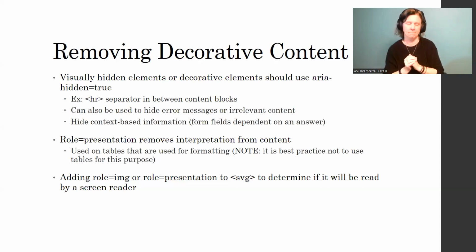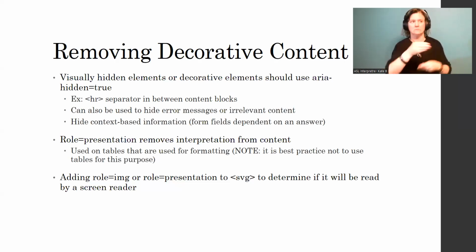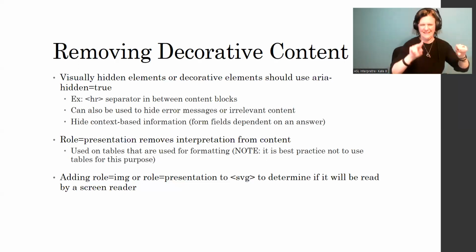When they say there's a navigation menu that they want to open, they press the open button, then ARIA hidden needs to switch to false so that the screen reader can actually get at the menu. Another good example to use this on is an HR or horizontal separator in between content blocks, because that isn't a very useful element to them.